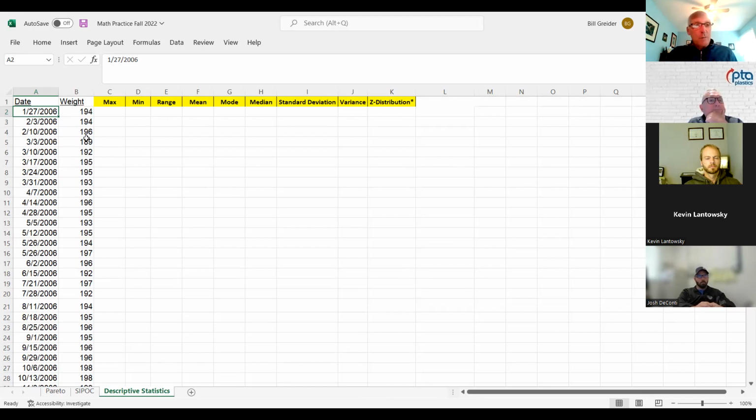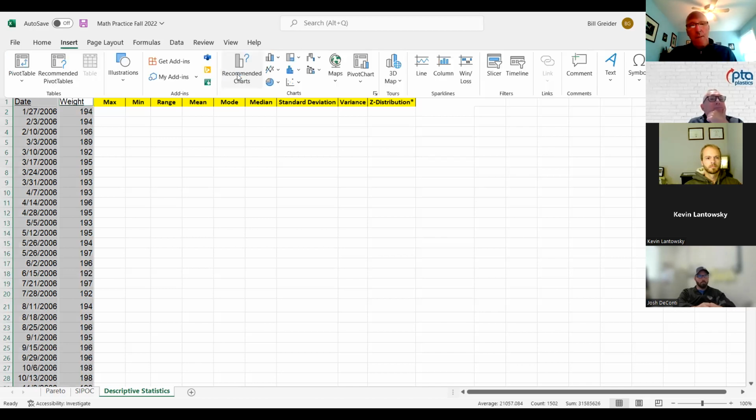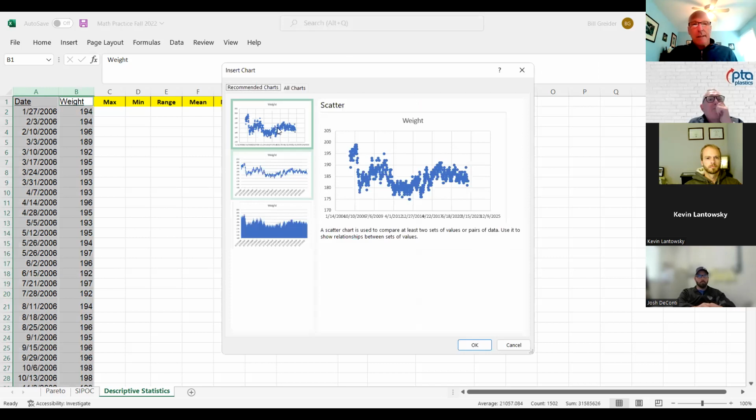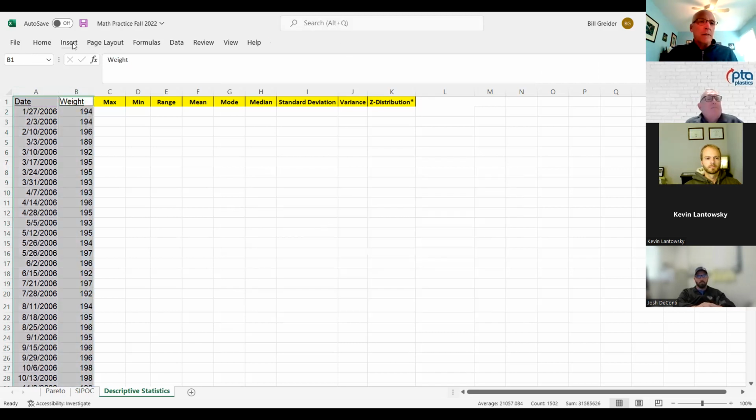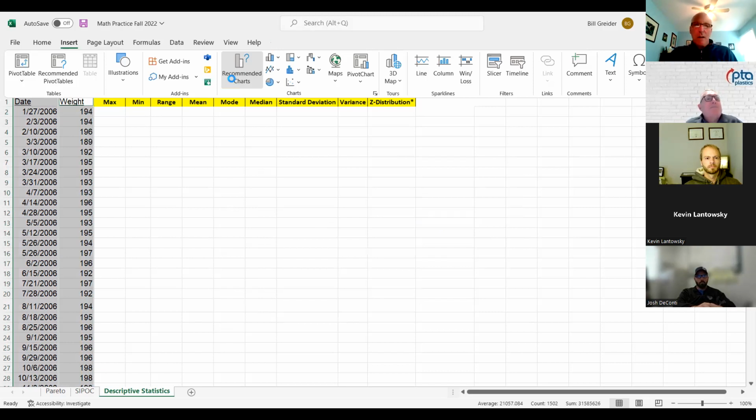For example, if I highlight the date and the weight, and I insert a recommended chart, I could look at a scatter diagram, which basically plots the date, and each of these dots represents the weight. And you can kind of see some trend, some tendency of date versus my weight over 750 weeks.